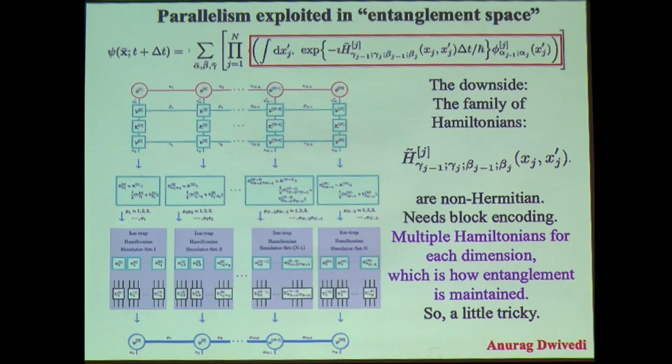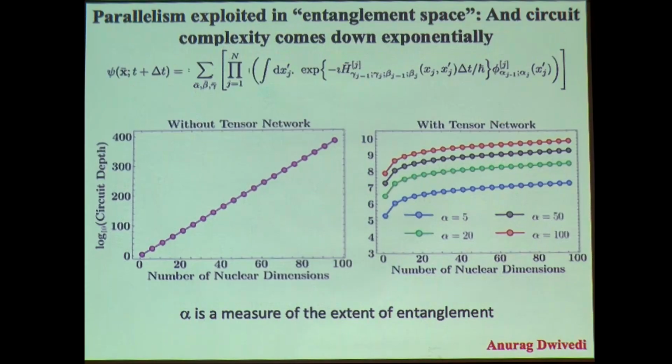So non-Hermitian quantum dynamics is being done on several of these quantum computers, and the way in which we do this is using something called block encoding. Block encoding means the whole matrix is not unitary, but you can convert it into a unitary matrix by doing something called a cosine sine decomposition, where the individual blocks are given analytically. And so we do it that way, and we can get results for such systems with reasonable efficiency.